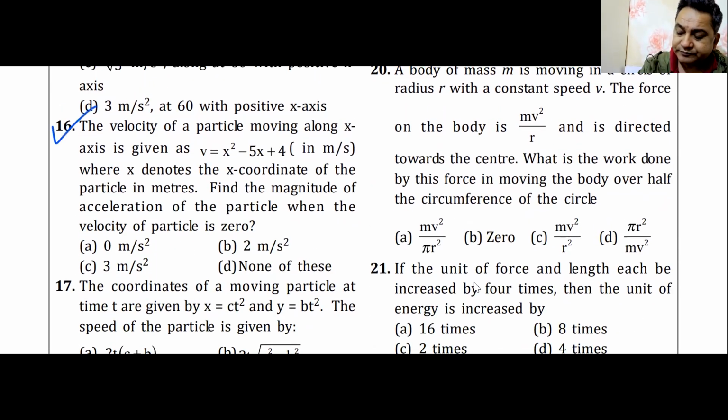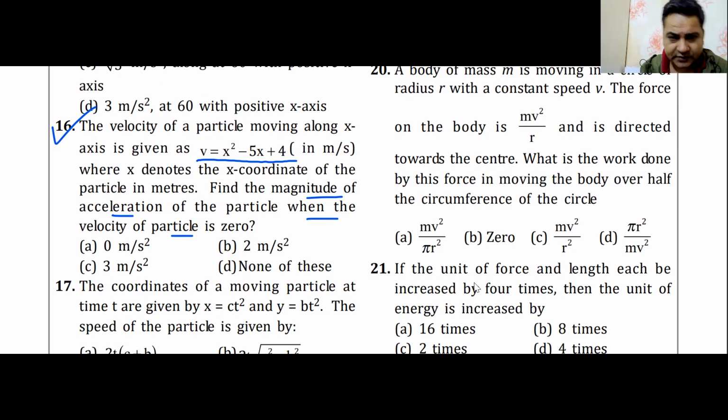Question number 16. The velocity of a particle moving along the x-axis is given by v is equal to x square minus 5x plus 4, where x denotes the x coordinate of the particle in meter. Find the magnitude of acceleration when the velocity of the particle is 0. So what you got to do here, first put the velocity as 0, find the value of x. It's a quadratic equation, so you will get the value of x when velocity is 0.